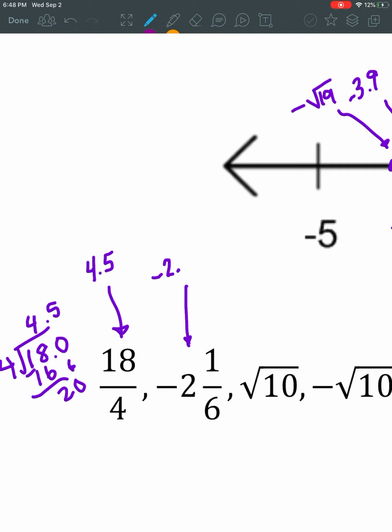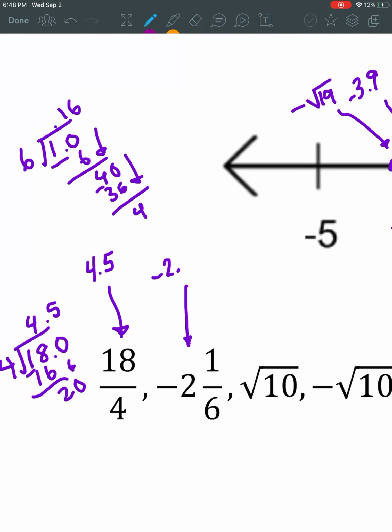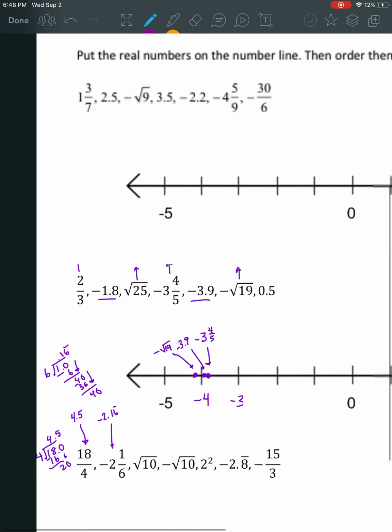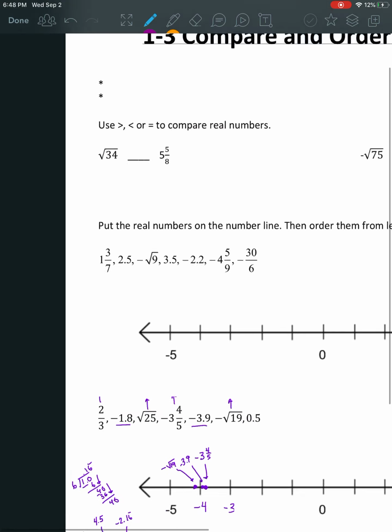Negative 2 1/6. Negative 2 point, and I'm pretty sure it's 1/6 repeating. Let's try this. 1 divided by 6. 6 goes into 10 once. Subtract them. 6 goes into 40 6 times. And there we go. We see it repeats. So negative 2.1, and the 6 repeats.